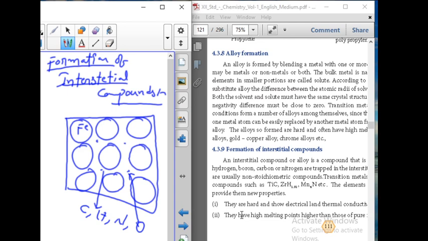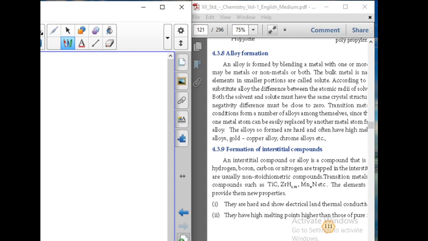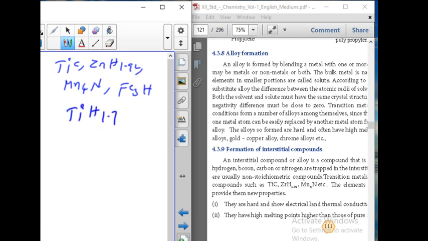Similarly, low atomic weight elements like hydrogen, nitrogen, carbon or oxygen go and occupy these interstitial sites and form new compounds like titanium carbide, zirconium hydride ZrH1.92, Mn4N manganese nitride, iron hydride Fe3H, titanium hydride TiH1.7, etc.